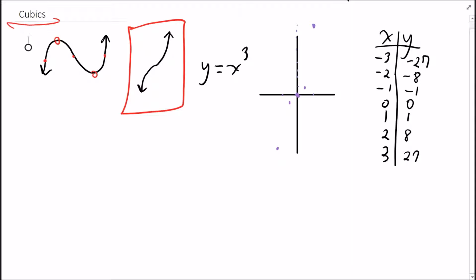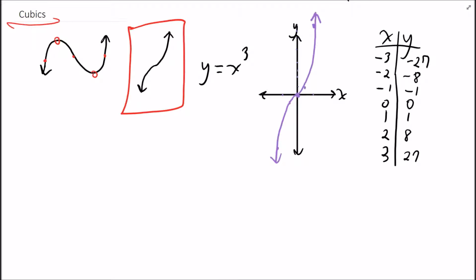And then -27 would also be off of my scale. So if I draw the curve in roughly, it would look something like that. And I guess it's good to label our axes, x and y. So there's a cubic in general.